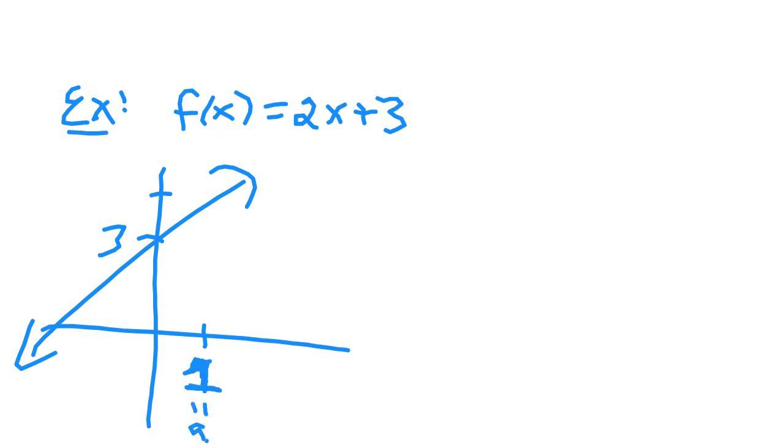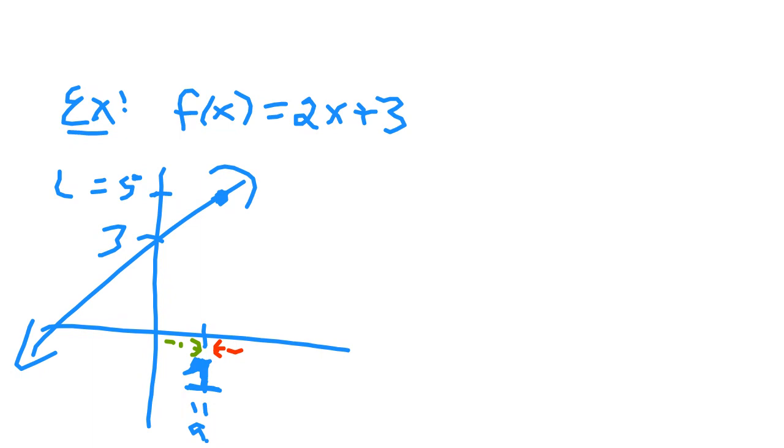What height are we actually going to approach? Well, it's pretty simple. If you plug in f of 1, we get a height of 5. So we actually do touch the height here, but that's also the height we approach from the right and from the left as x goes to 1.